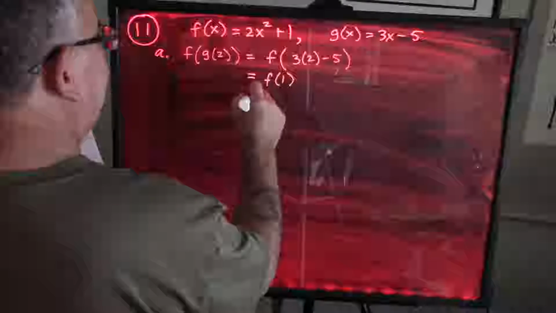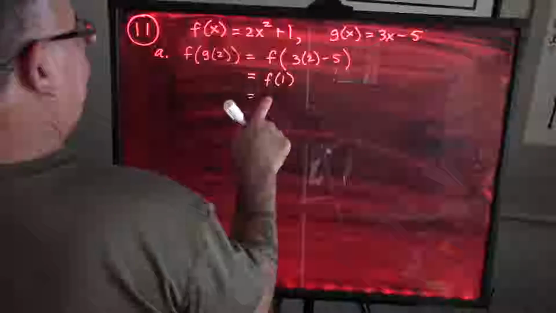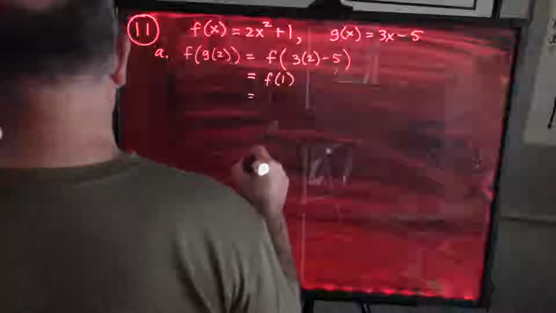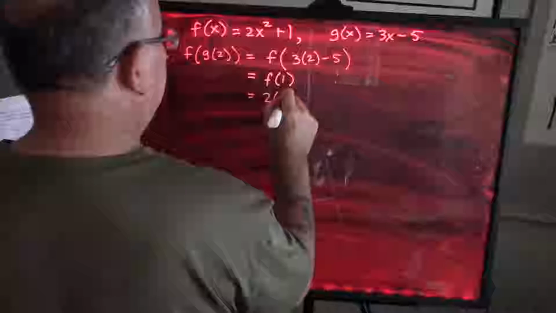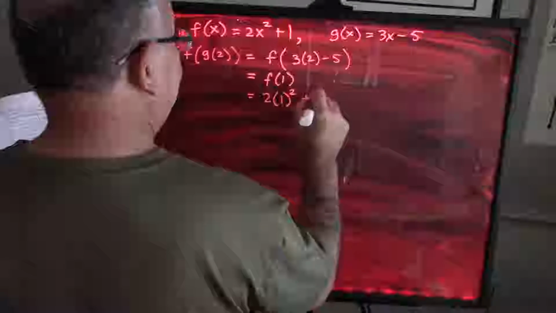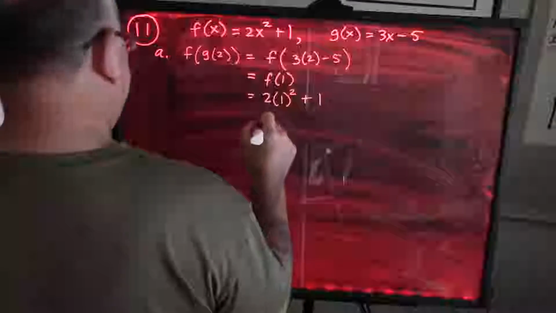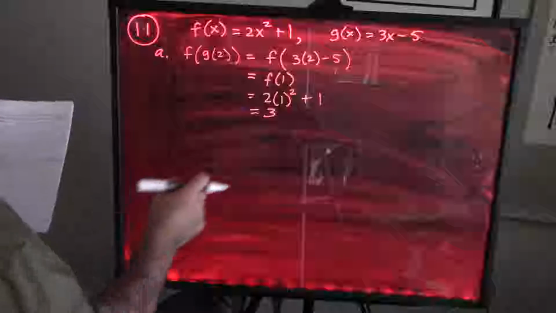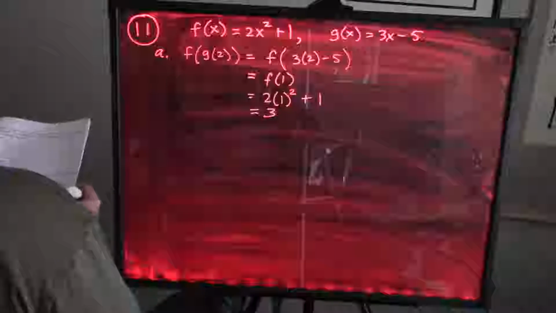And that equals 2 times 1 squared plus 1. Again, I'm writing it out so you can see what's going on, but you could probably do this in your head, and that's equal to 3. So the final answer is 3.